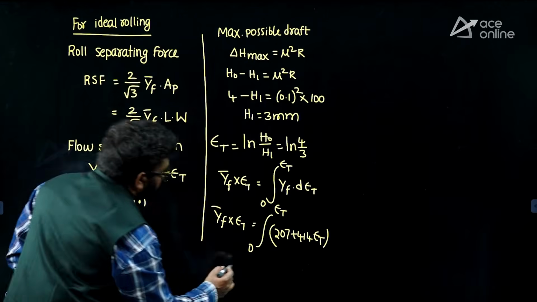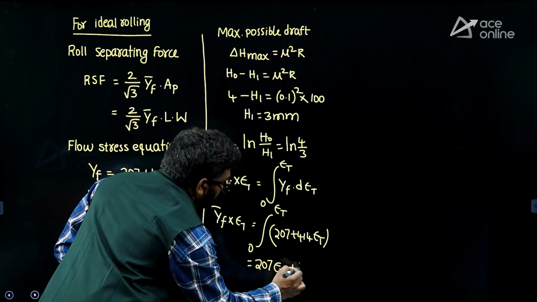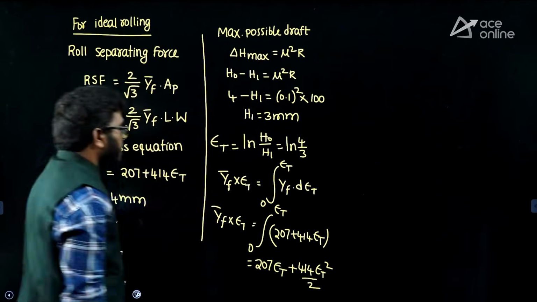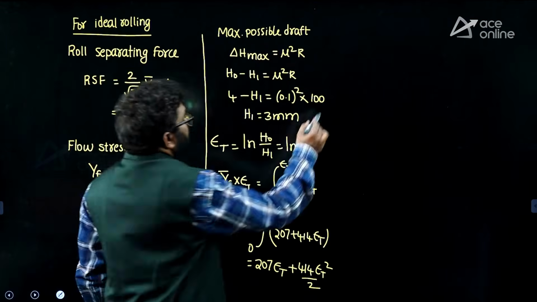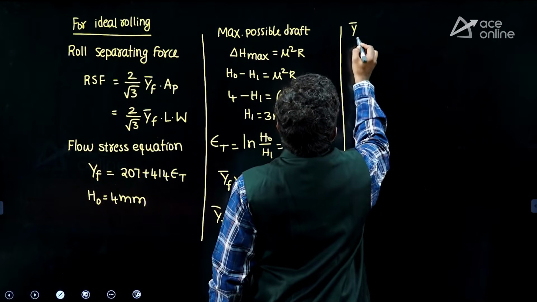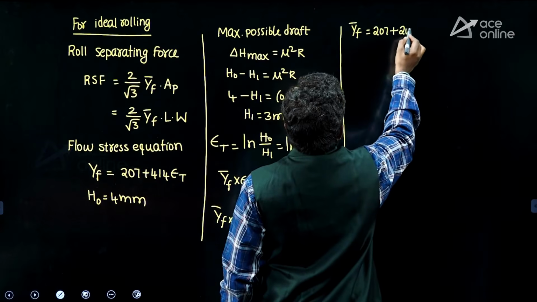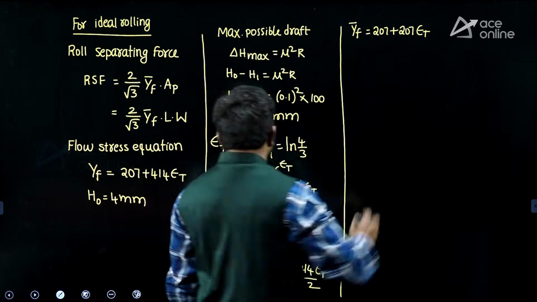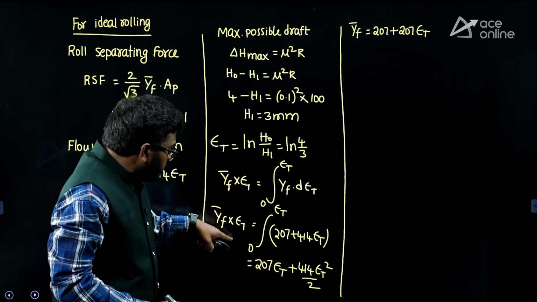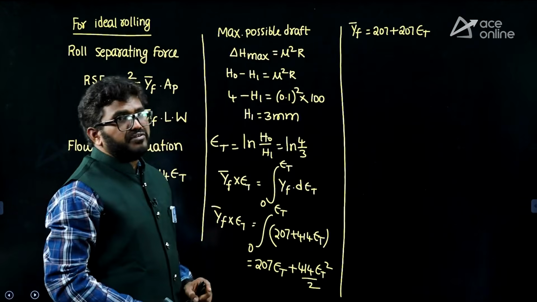So from this I will get 207 epsilon t plus 414 epsilon t square by 2. Right. So from this y bar f is equal to 207 plus 207 into epsilon t, because if I bring this side, epsilon t will cancel out. So I will get this equation.